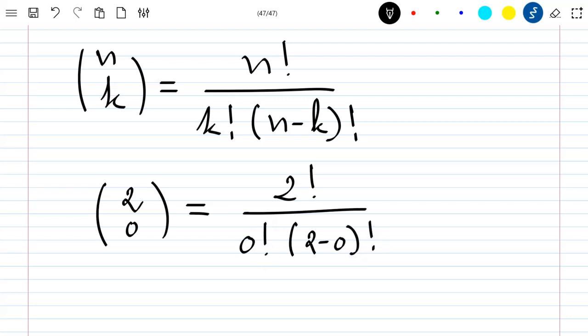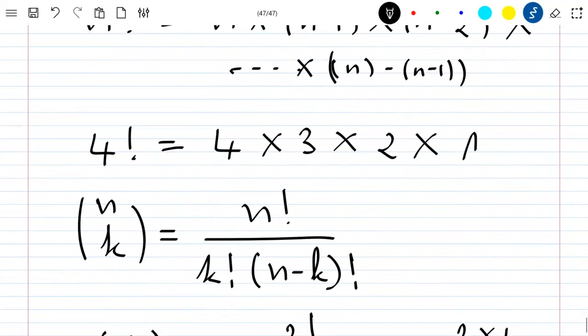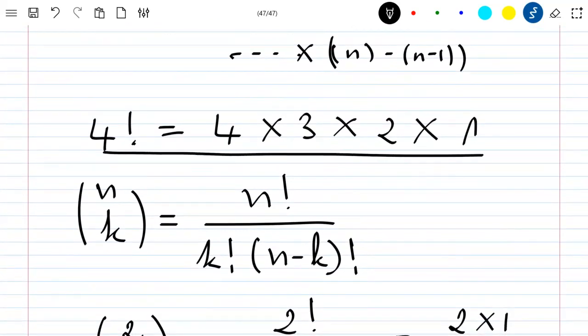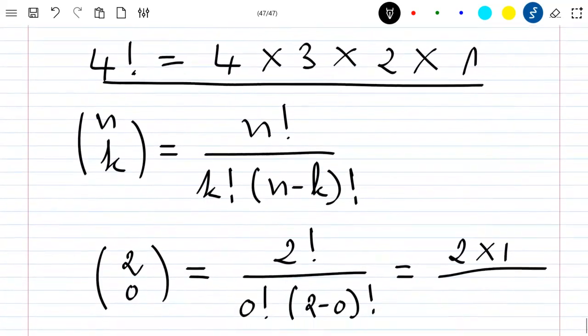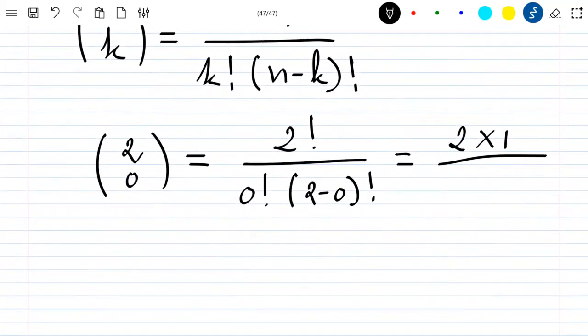We know that factorial 2 is equal to 2 times 1, and by default factorial 0 is equal to 1.